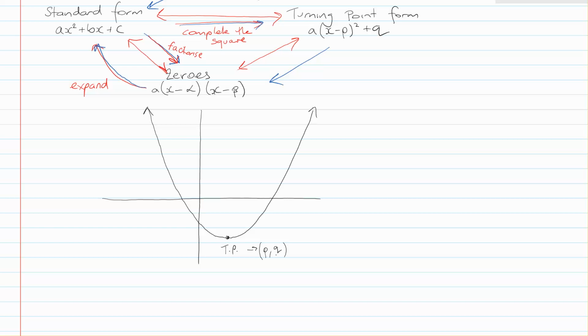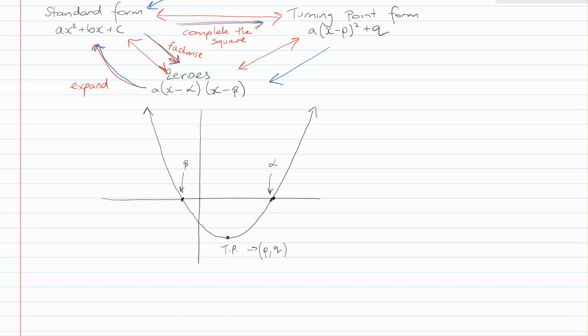So you knew that already. That's turning point form. Zeros form actually represents the two x values. It's magic. These two x values here. That one's alpha, that one's beta, or the other way around. Okay? Whatever quadratic you got, if it crosses the x-axis, it can be factorized, and there are your alpha and beta.